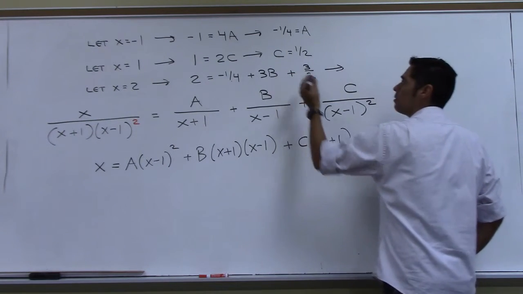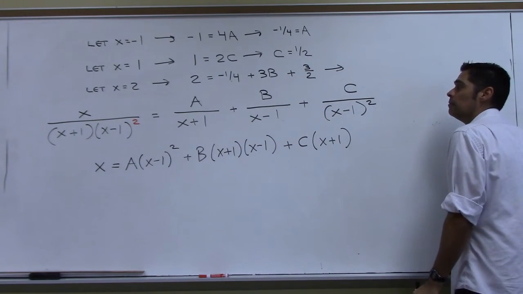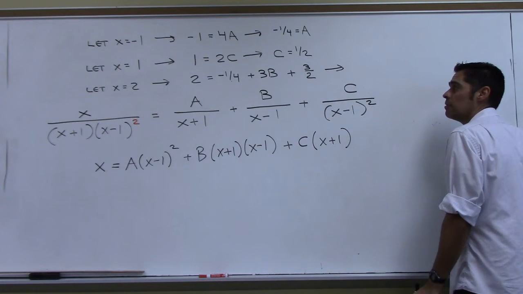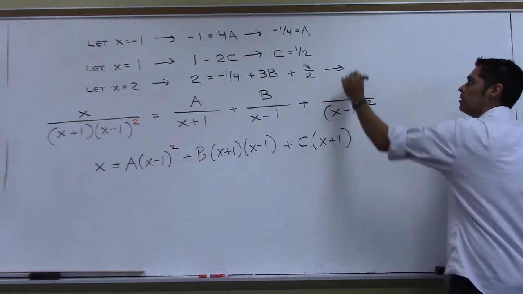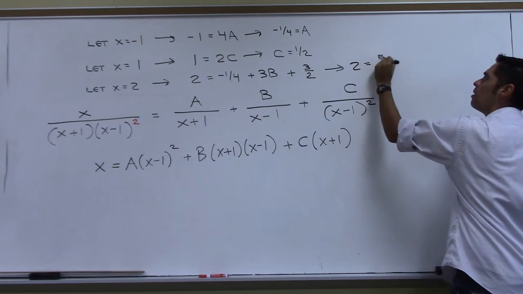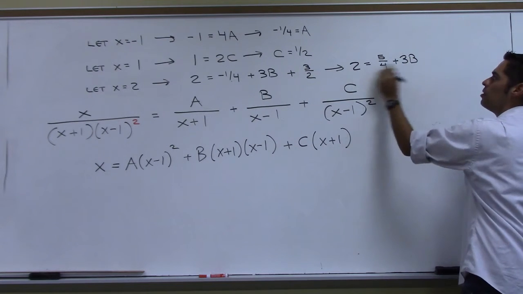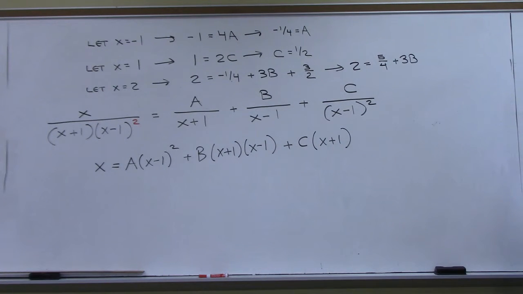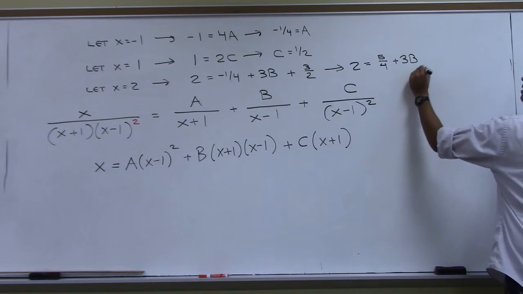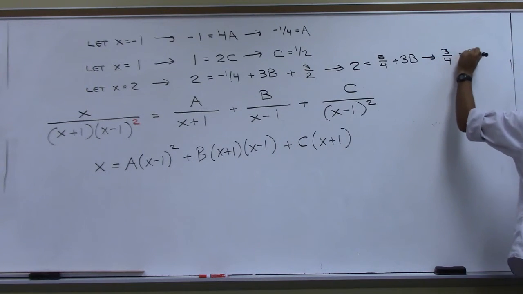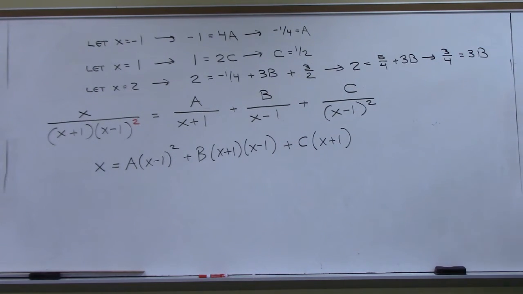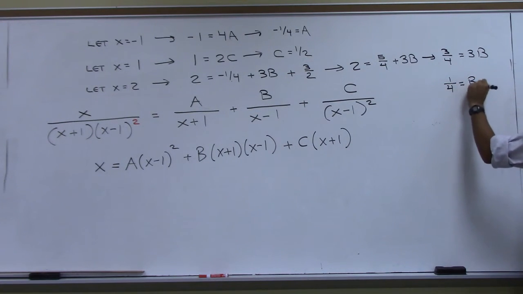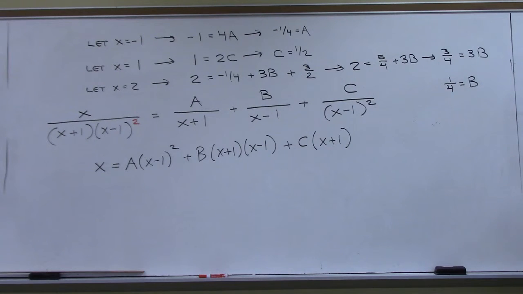What's -1/4 and 3 halves? 5/4? 5/4. So we have 5/4 plus 3b equals 2. Let's subtract 5/4 from both sides. We get 3/4 equals 3b, which means b is 1/4. I'm just adding fractions. I know it might take a little longer to do, but we have a, b, and c. And now we should be able to handle the rest.